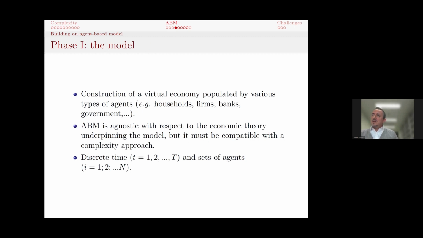It is agnostic with respect to the economic theory that underlies the model. But of course, since it is a modeling approach rooted in complexity, any theory that is employed should be compatible with a complexity approach. We have, of course, discrete time, because we need to make iterations in the simulation, and we have agents that are indexed in a discrete way.